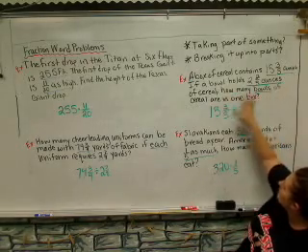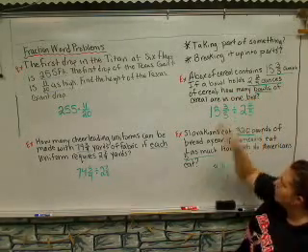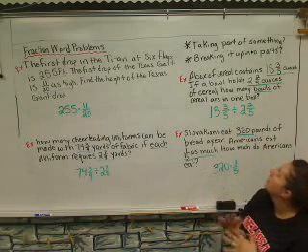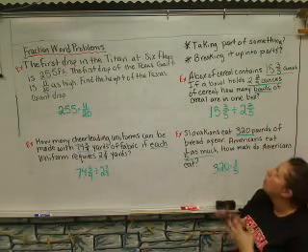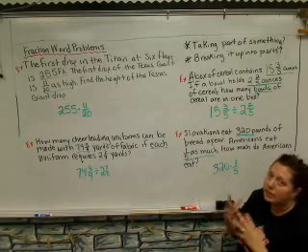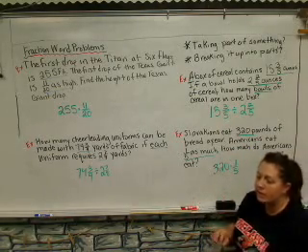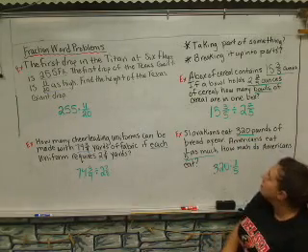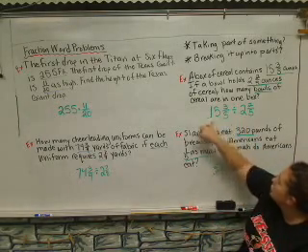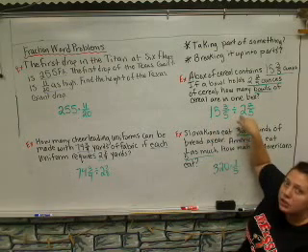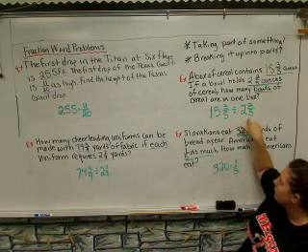How many bowls of cereal are in one box? Okay, so we ask ourselves, are we just taking part of something, or are we breaking it up into parts? So breaking it up into pieces, okay? We have a whole box, and we want to break it up into multiple bowls. Okay, so that means we are going to divide. 15 3/5 divided by 2 2/5. Okay?